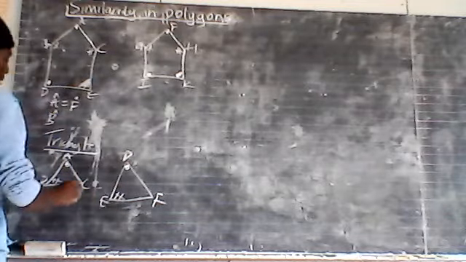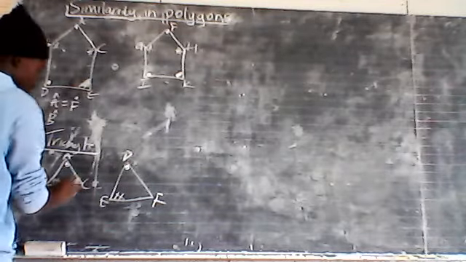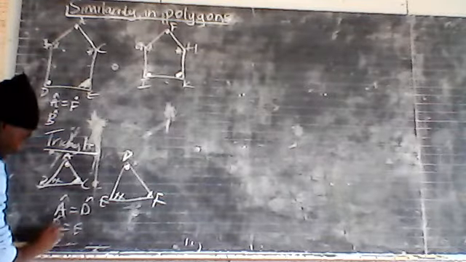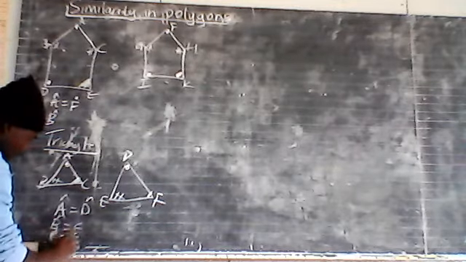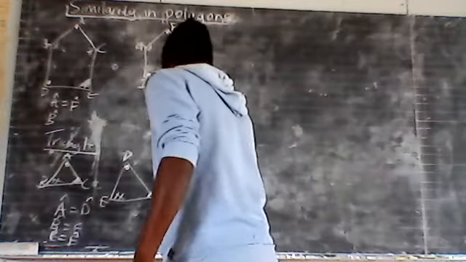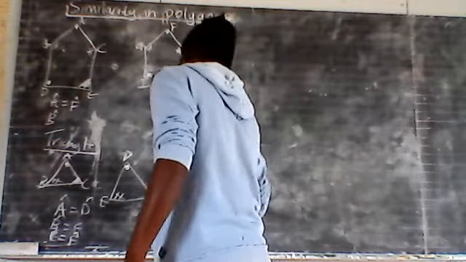Say for instance, in this case, I'm having angle A being equal to angle D, I'm having B equal to angle E, so that angle C being equal to angle F. So I've actually got 3 angles here, angle A being equal to angle D, angle B being equal to angle E, and, sorry, it's angle C being equal to angle F. So if I'm having all these 3 angles in both triangles corresponding, guys, I could conclude that triangle ABC is similar.